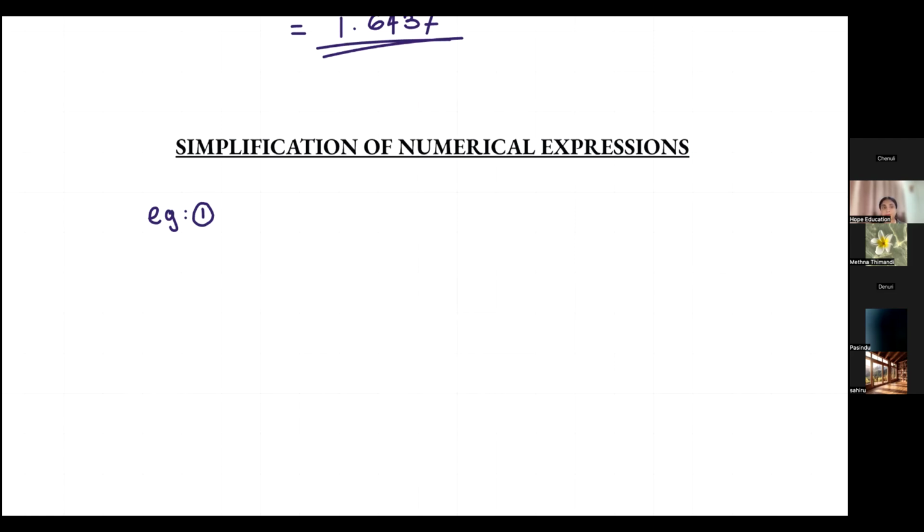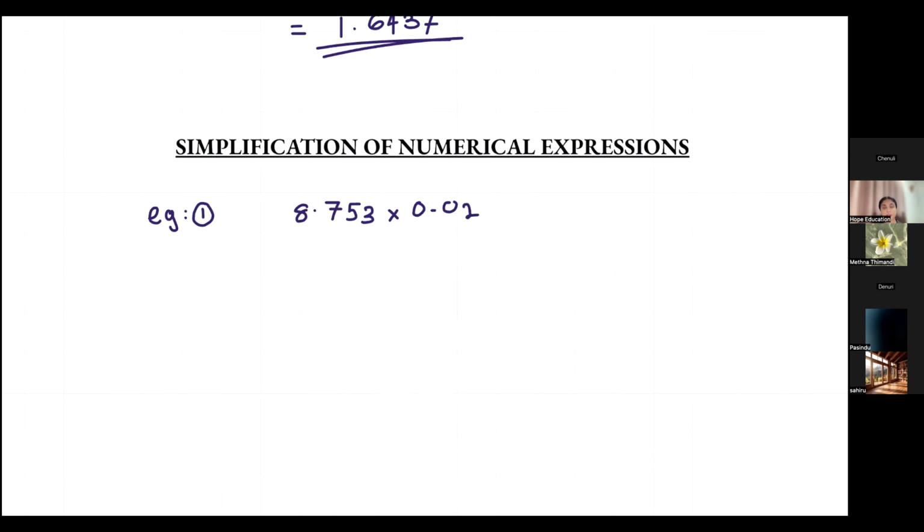Okay. Now the expression is something like this: 8.753 multiplied by 0.02203.